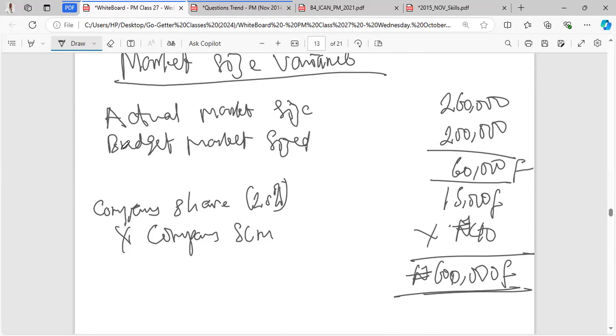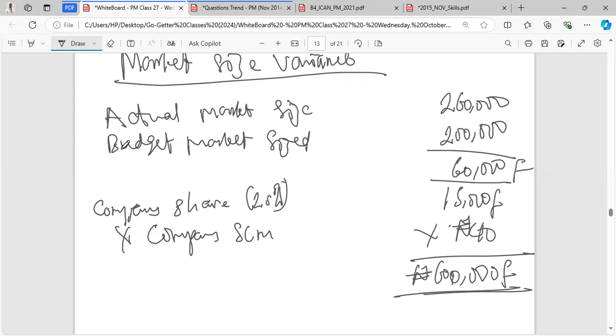So it means the 60,000 market size is in favor for them. If they are going to take 25% of that 60,000, it means that if there is a favorable variance in the market overall, their own company is taking 25% of that favorable variance.